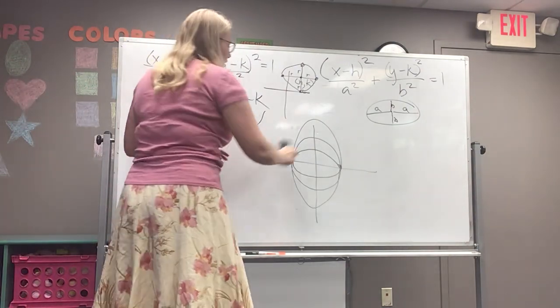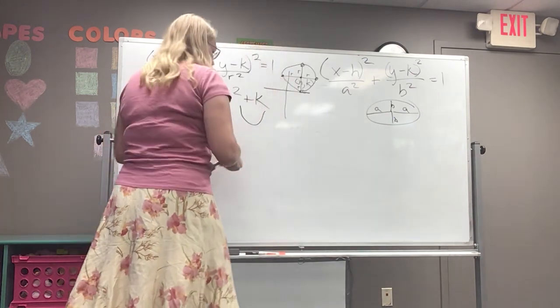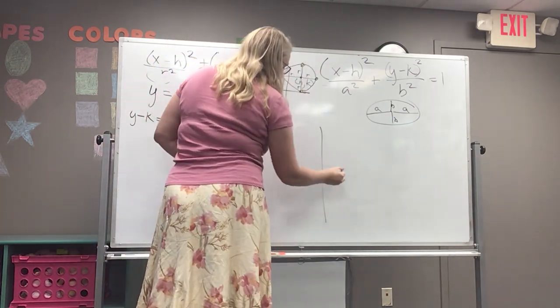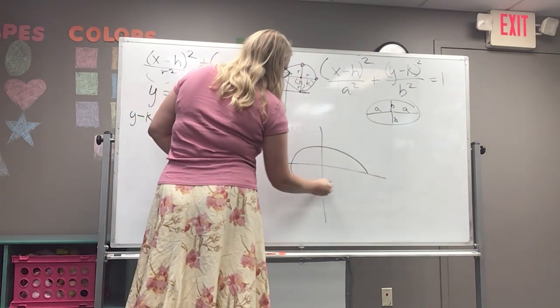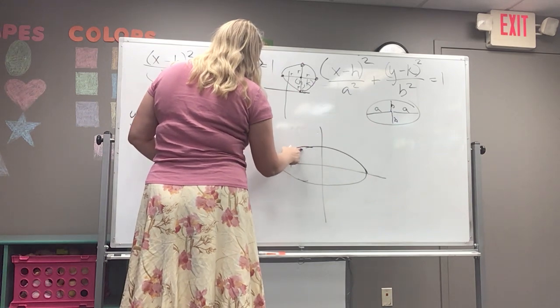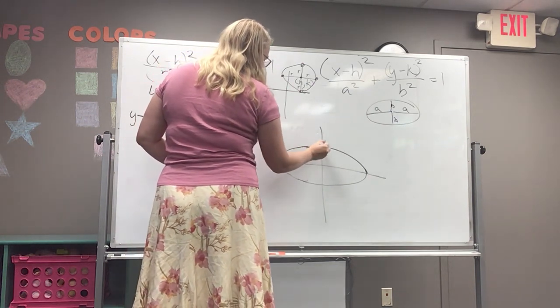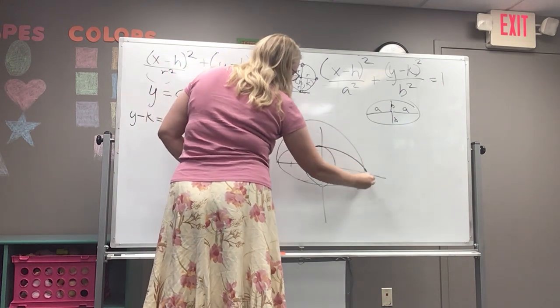It's supposed to be 2 circles and an ellipse. We've got an ellipse, and we have the inner circle and the outer circle.